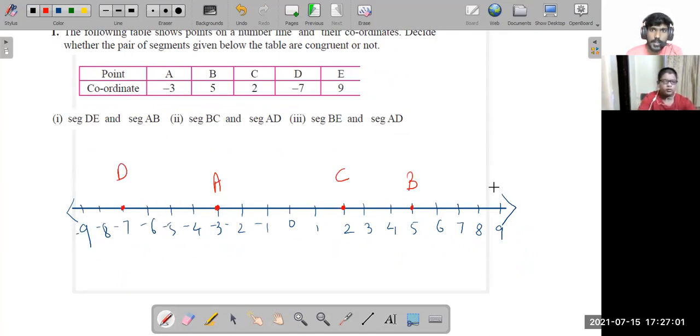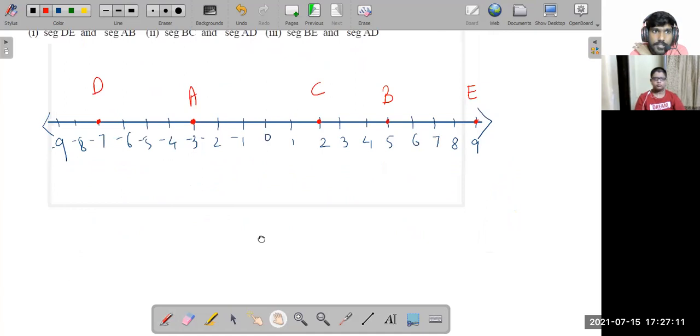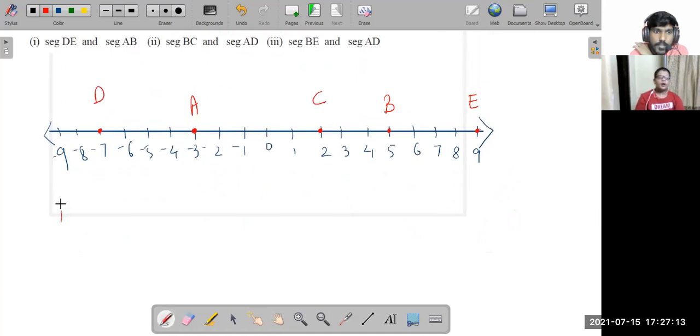This is D. And E is 9. E. Now we have to first say whether the given pairs are congruent or not. So first one is segment DE and segment AB.